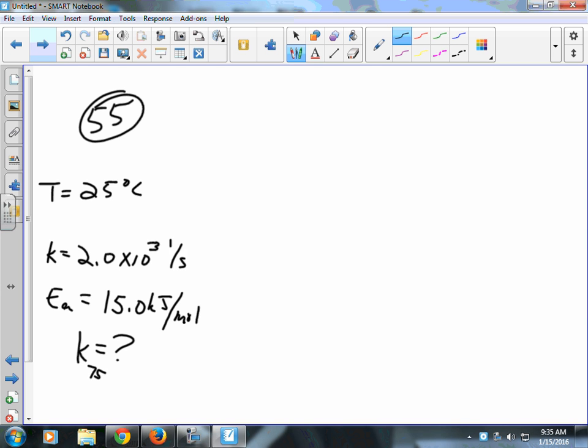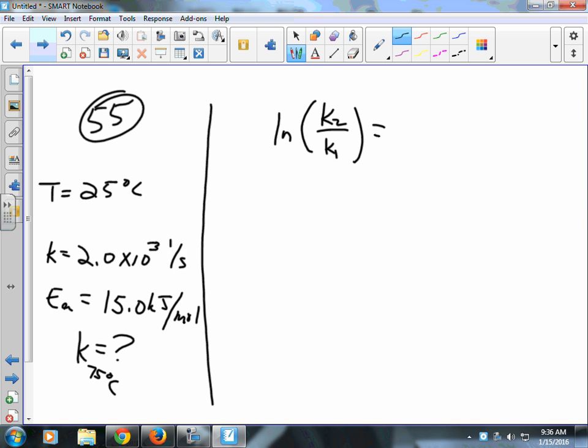So you're going to use the Arrhenius equation. Here's what the solution's going to look like. You take ln of the two rate constants, K2 over K1, equals E sub A over R, times the difference of the two temperatures.